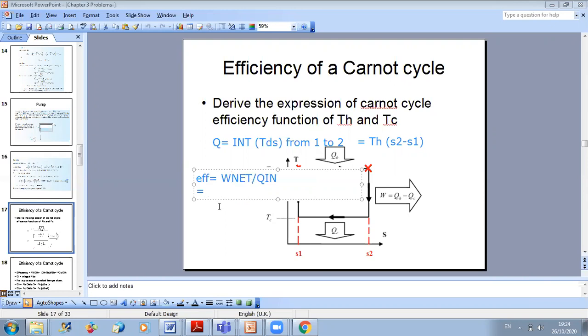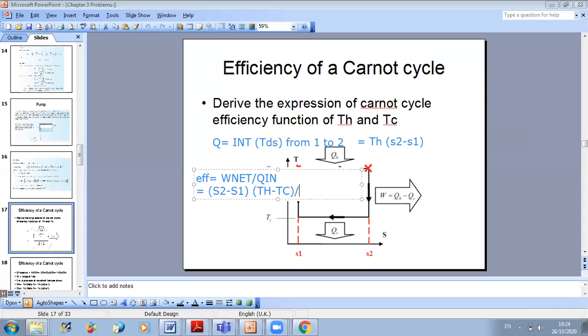The net work was the area limited by the curve, so the net work was delta S, S2 minus S1, times delta T, which is TH minus TC, okay?